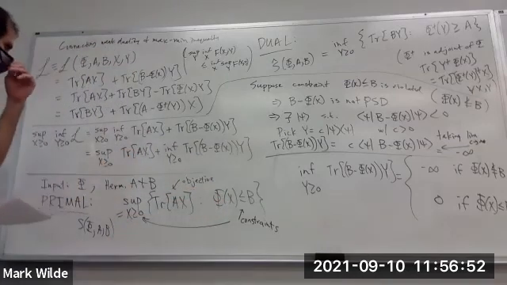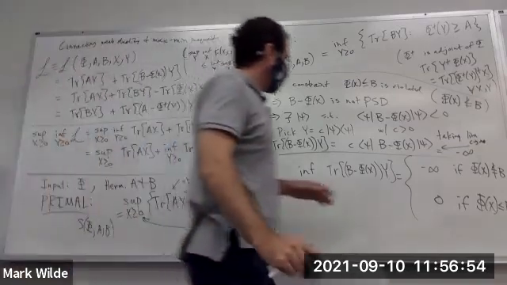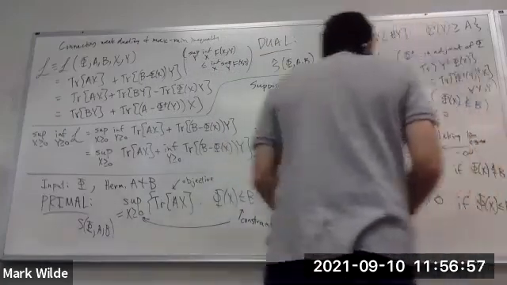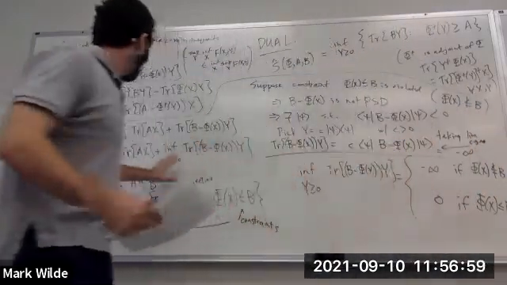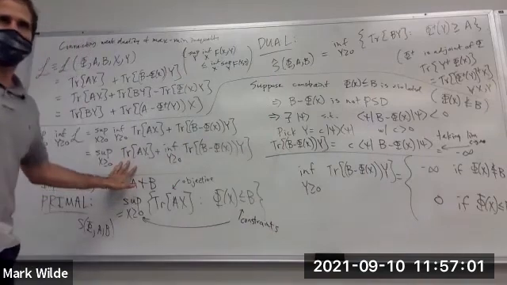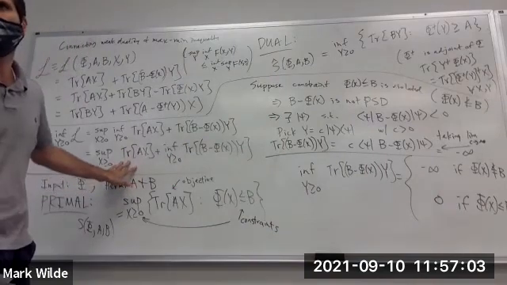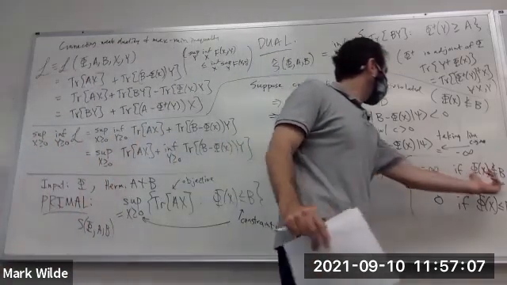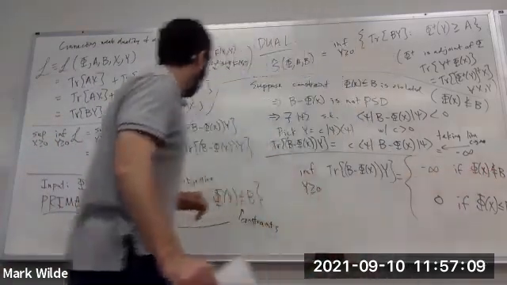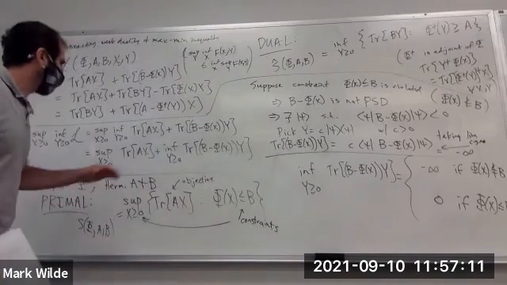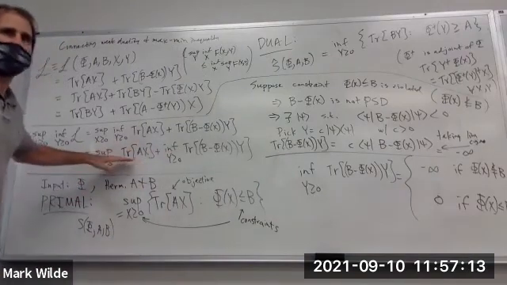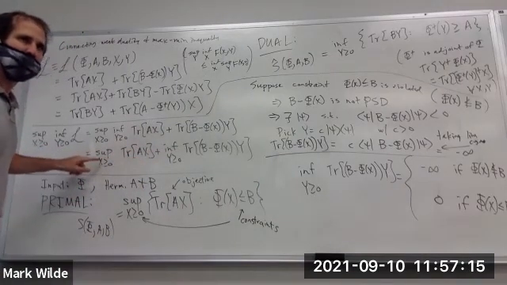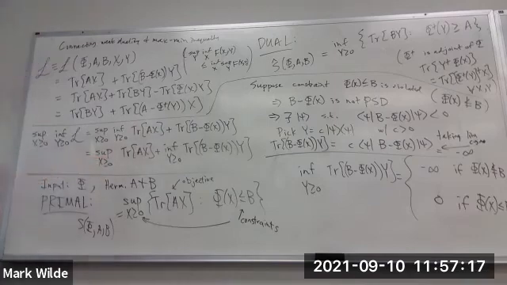Right? Because if the constraint's satisfied, then this part adds nothing to the objective function. It adds nothing and it takes nothing away. However, if the constraint's violated, you completely screw the objective of this person who's trying to maximize this function, right?